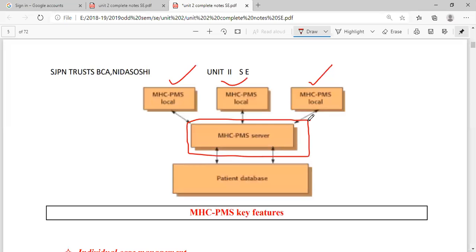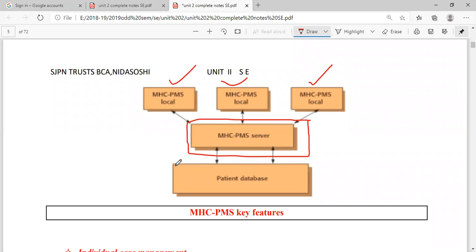There is one server, and all these hospitals are accessing the data and also sending the data to the server. So this server plays a very major role. From this, the data can be utilized, or the data can be stored, updated. Everything can be done through these 3 medical clinics, or you can say hospitals, right?